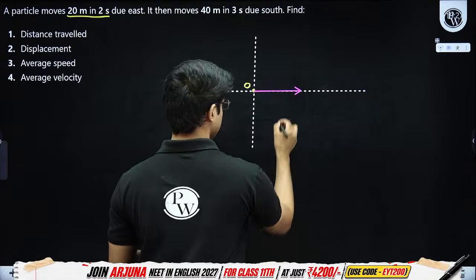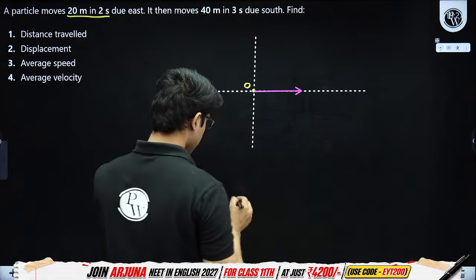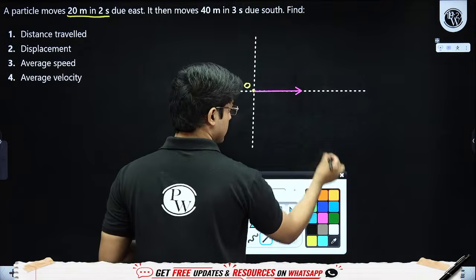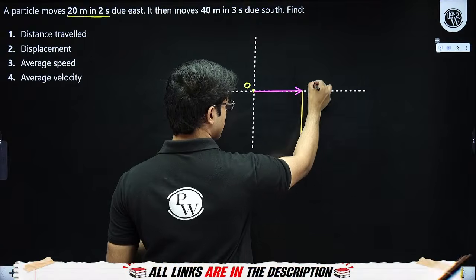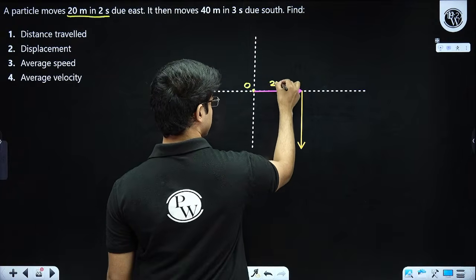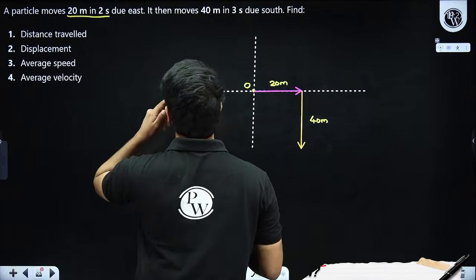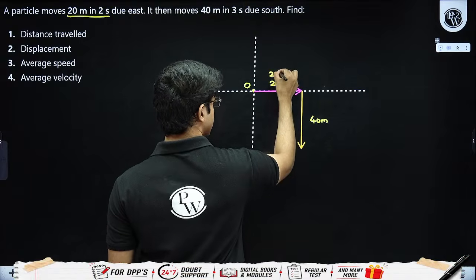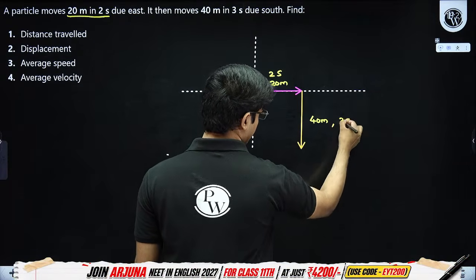And 40 meters due south. So that second displacement also, just draw it. This is 20 meters east displacement and this is 40 meters south displacement. First displacement happened in 2 seconds and this displacement happened in 3 seconds.